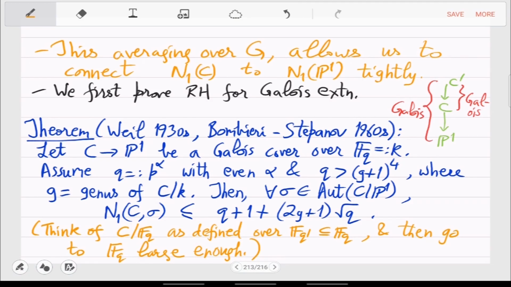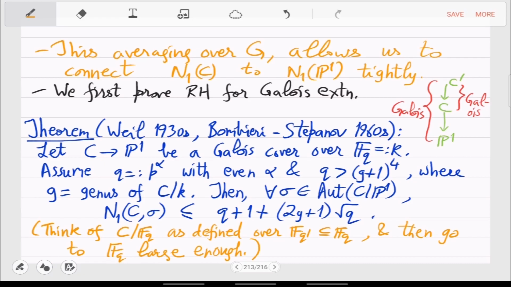Genus is something which only depends on the degree of the given curve, I mean, in fact, the polynomial that defines the curve. So that is independent of what k is. So, for example, if genus is around delta squared, then you just need to go to a field Q which is bigger than delta to the 8.